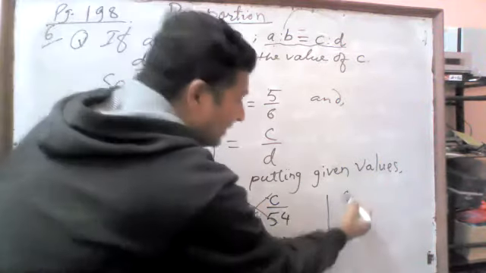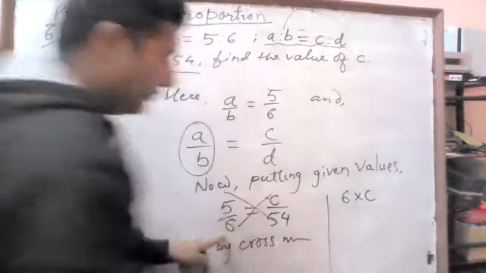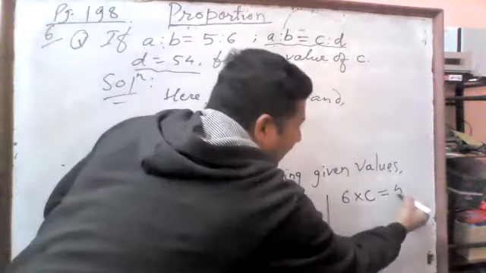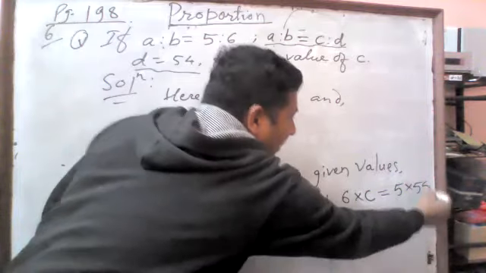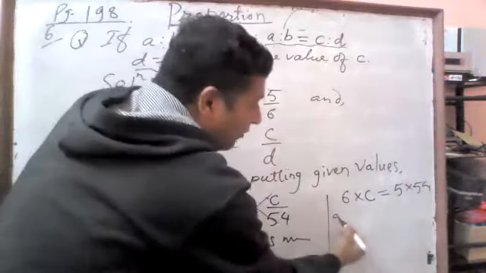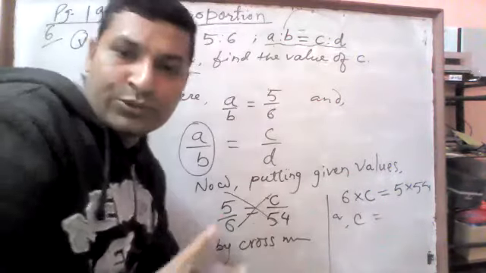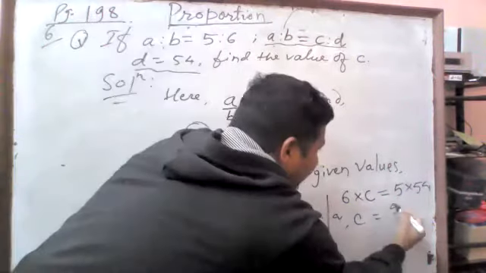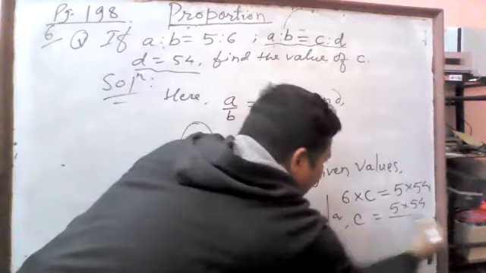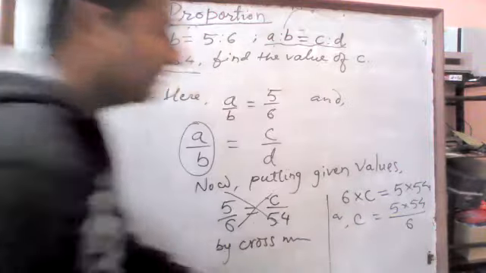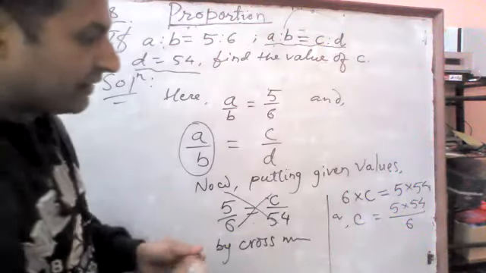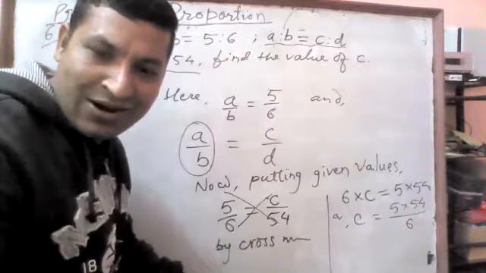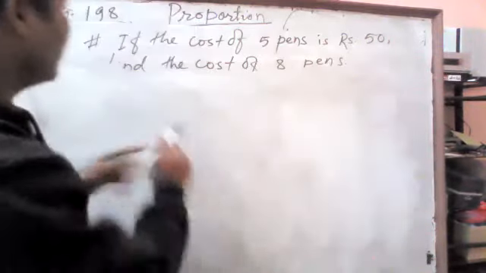So 6 multiply C, we choose this way first of all, equal to, in the middle, 5 into 54. Now C is equal to 5 into 54 by 6 goes down, and we simplify and find the value of C. I think you can do this also. Yes or not?